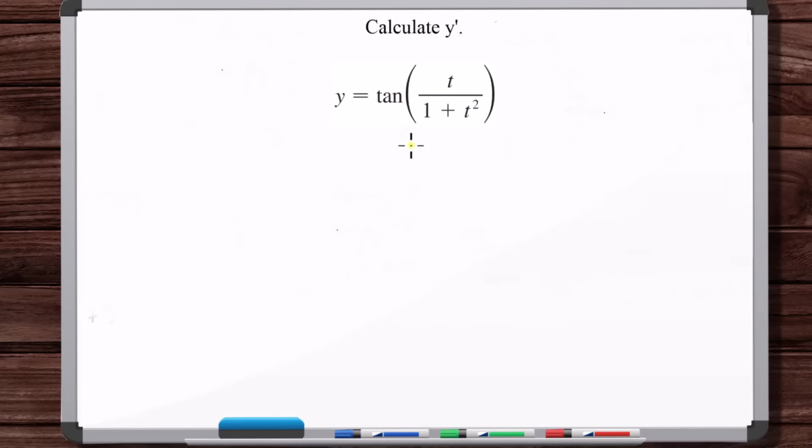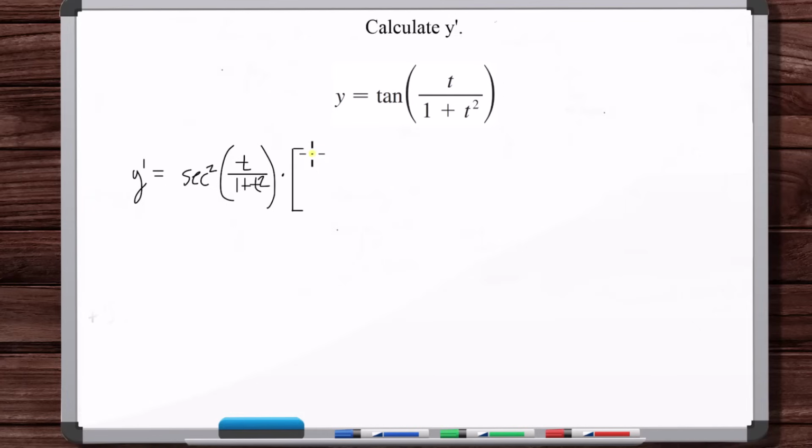Okay, chain rule. What is the derivative of the tangent of something? Secant squared of that something, times the derivative of that something. Okay, what is the derivative of t over 1 plus t squared? Let's use the quotient rule.